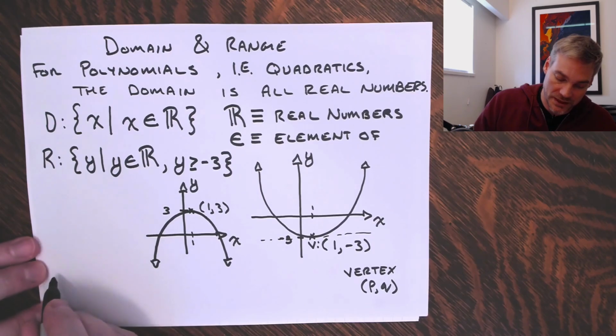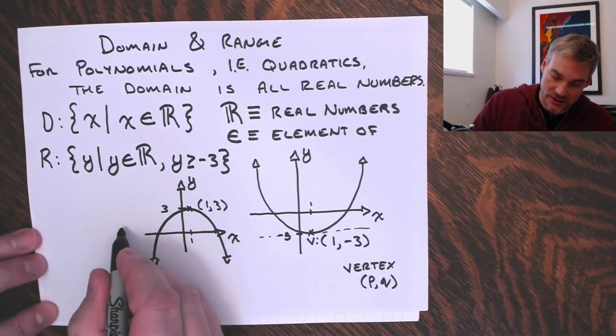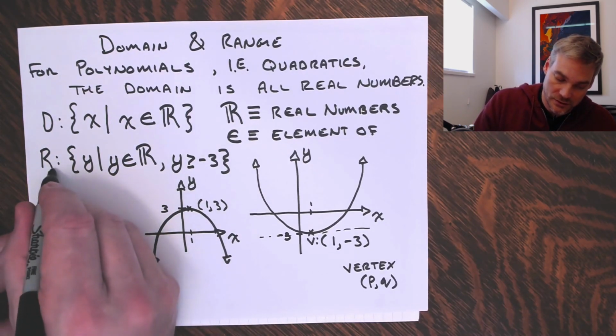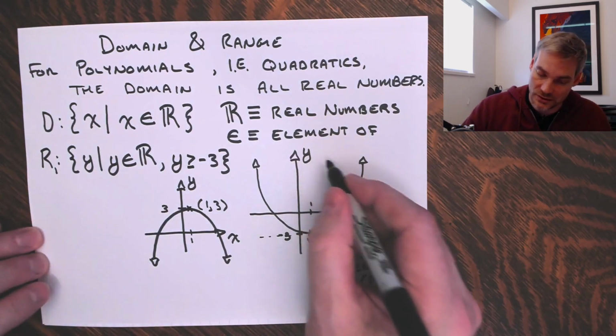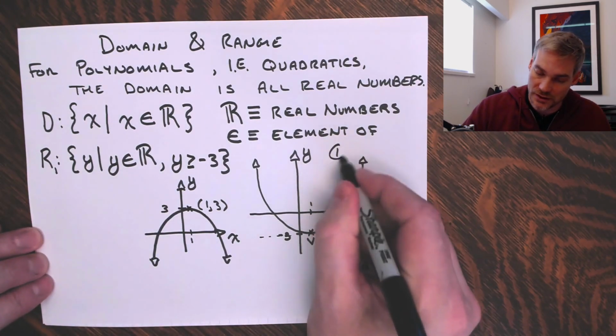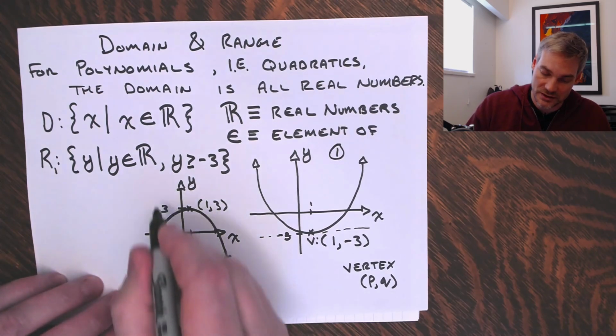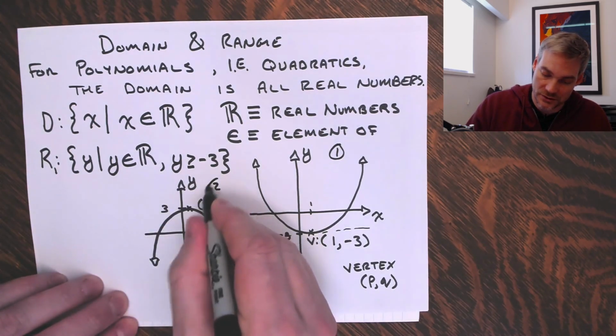So if we were to write the range for this one, that's our first one. So this is our graph 1, and then this will be our second graph. I'll put a little 2 here.